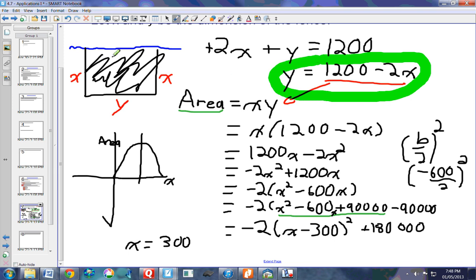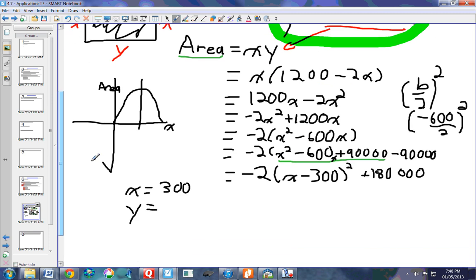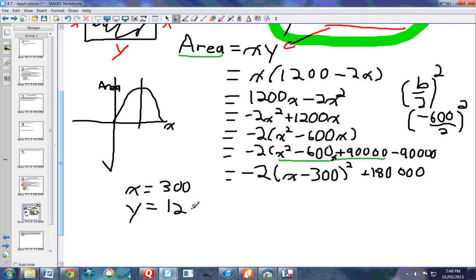And we can find that y is equal to, let's refer back up here, 1200 minus 2x, and we know that x is actually 300 where this takes on a maximum, so we're going to substitute that 300 in. y is equal to 1200 minus 2 times 300, which is 600. 1200 minus 600, we have 600.